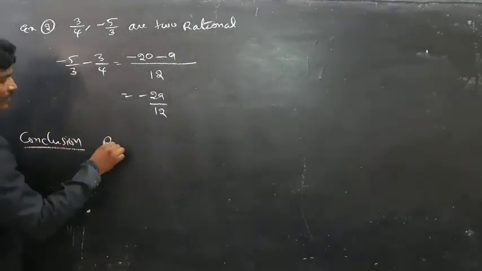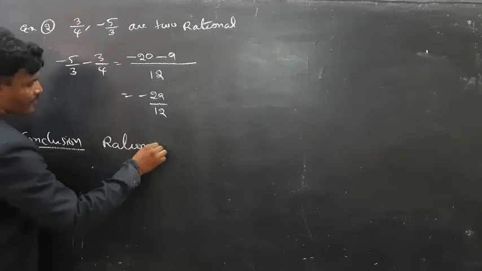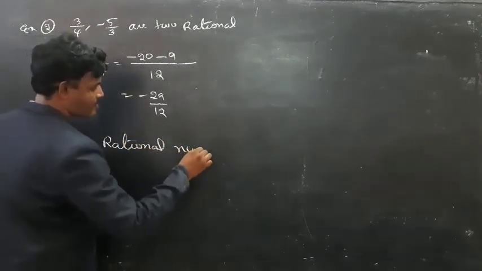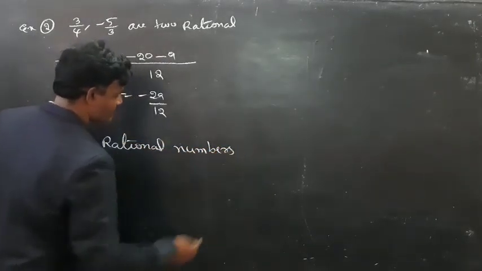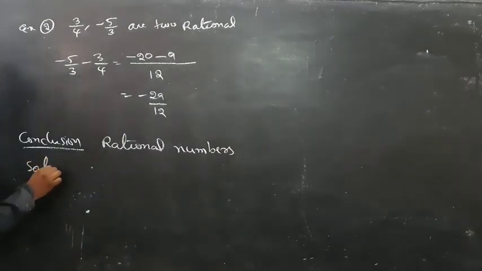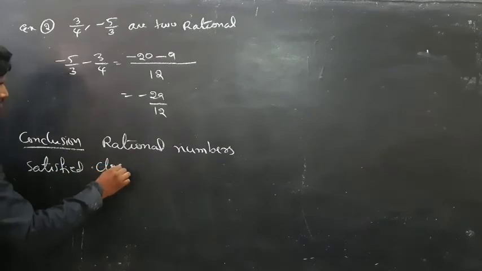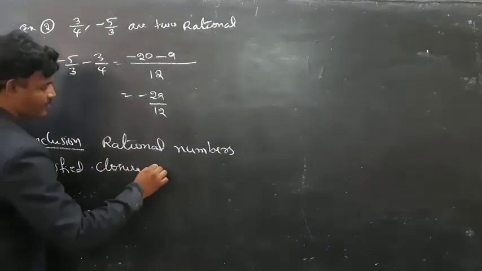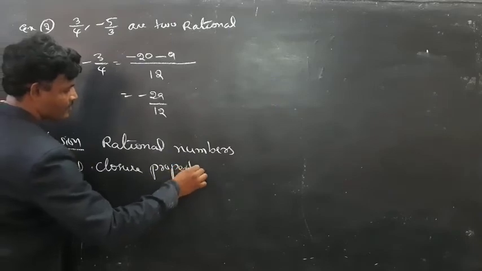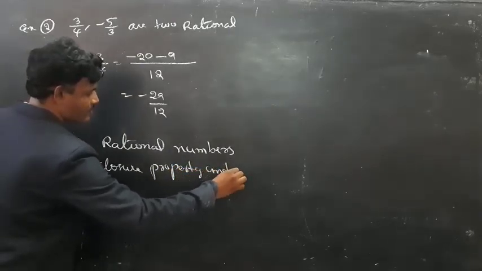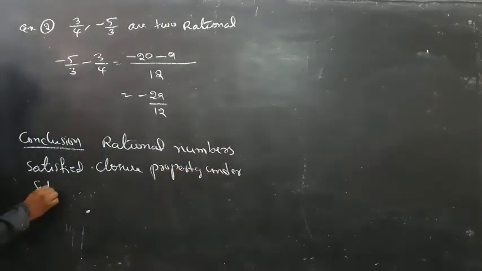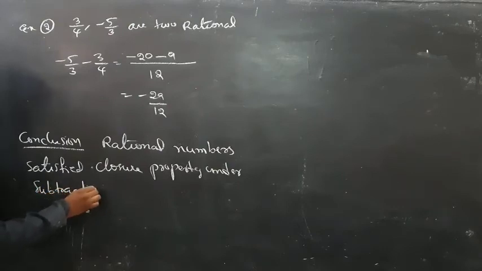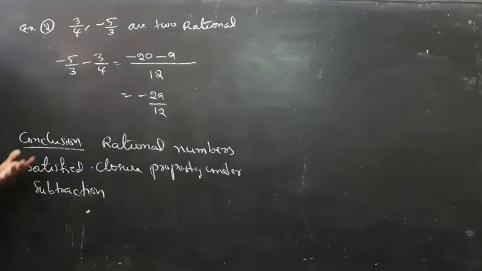Conclusion. Here what is the conclusion? Closure property satisfied by rational numbers under subtraction.